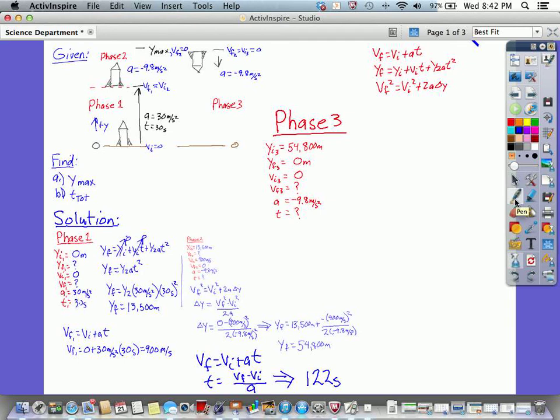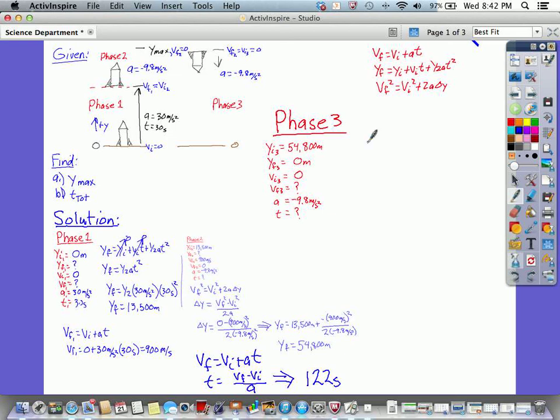Y final in this case is 0, y initial is 54,800 meters, so I know that. My initial velocity is 0, so that term ends up being 0. So I can use that equation, and that's really delta t.